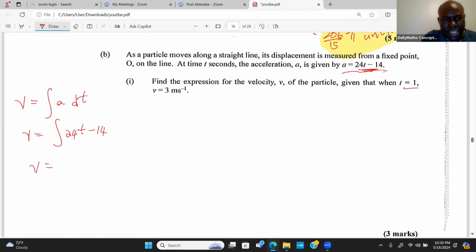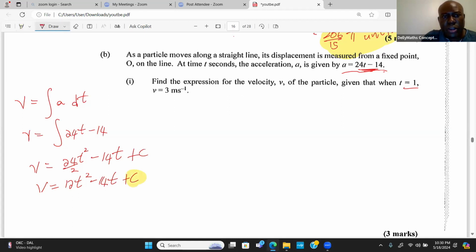So the velocity is going to equal 24t to the second over 2 minus 14t, and if we simplify, plus c. So velocity is equal to 12t squared minus 14t plus c. Now, we need to find this constant here.